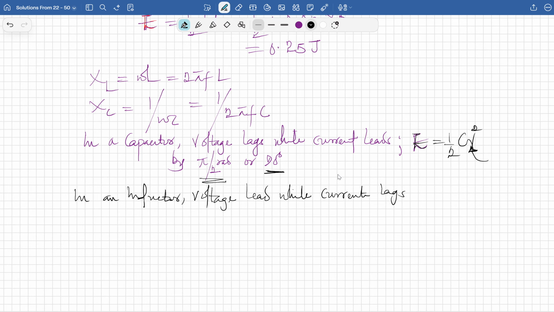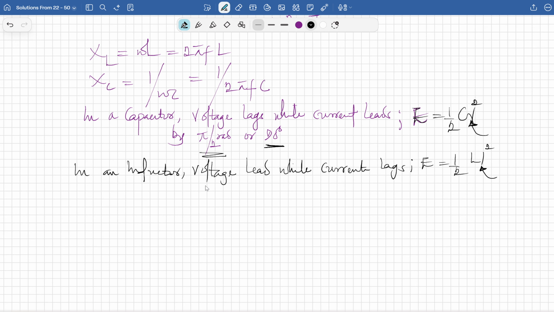The same reason applies as above: the energy formula for an inductor is E equal to half Li squared. Just because you have current involved as part of the formula for the energy stored by the inductor, you expect the inductor to take in some current such that the voltage is not going to gain a head start or have an edge over the current.